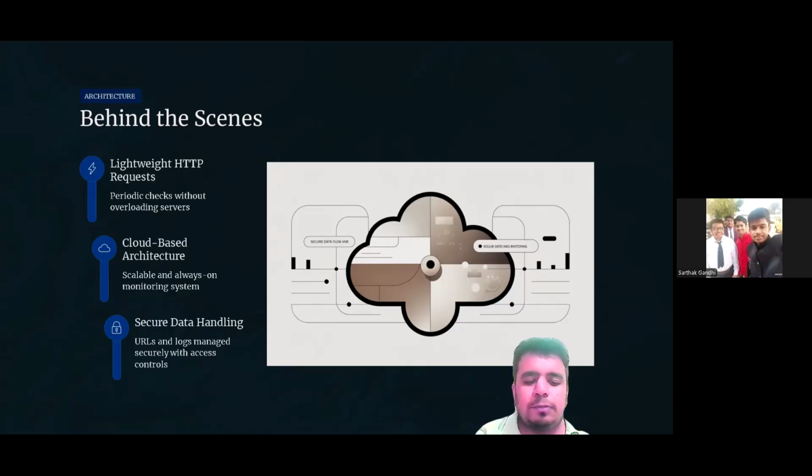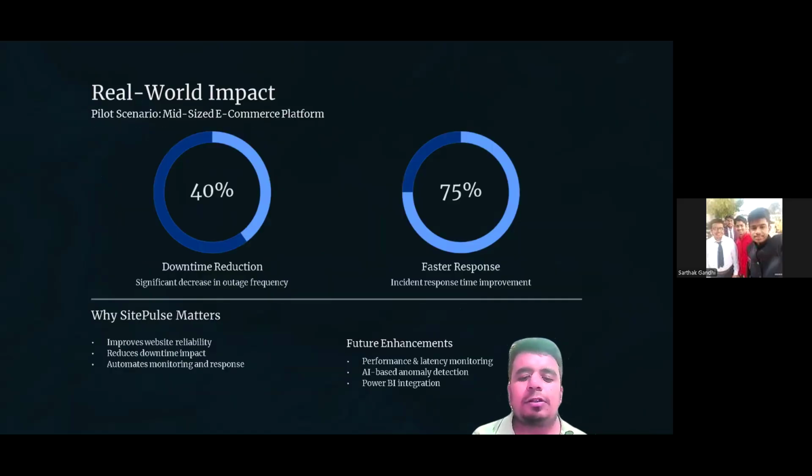Now let's proceed further. We have the real-world impact, the exact data comparison. That is a 40% downtime reduction, a significant decrease in outage frequency and faster response, and a 75% incident response time improvement. We have future enhancements: performance and latency monitoring, AI-based anomaly detection, and Power BI integration.